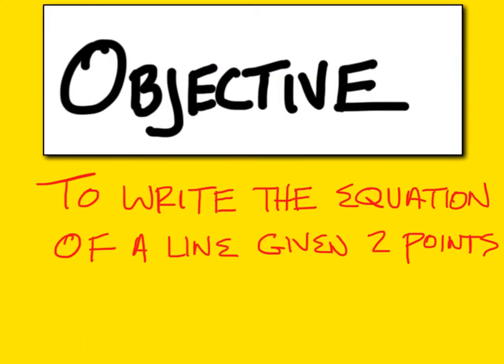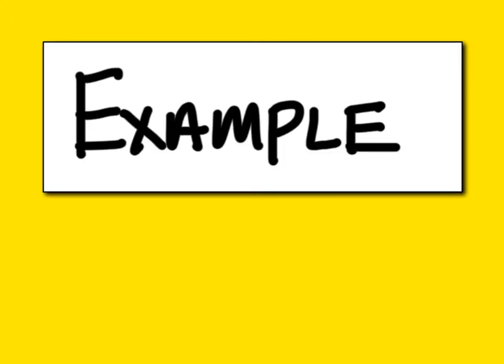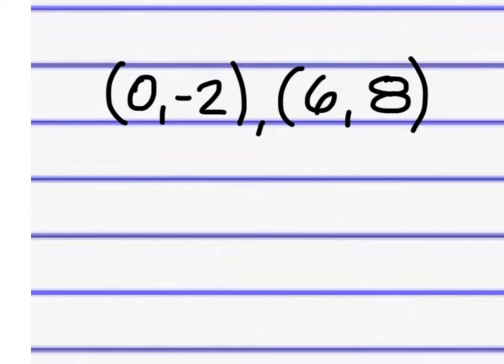To write the equation of a line given 2 points. Here's an example. 0, negative 2, 6, 8. What is my first step in writing the equation of the line that passes through these 2 points?